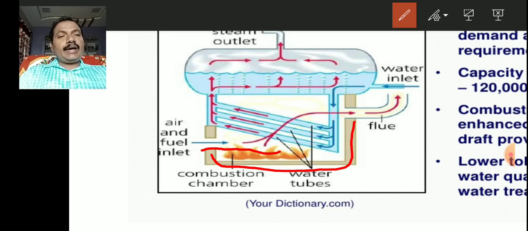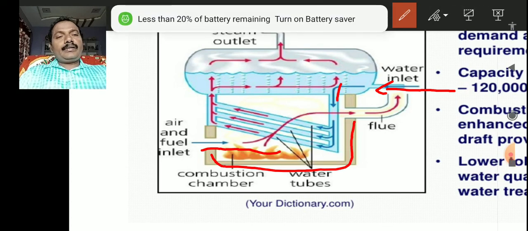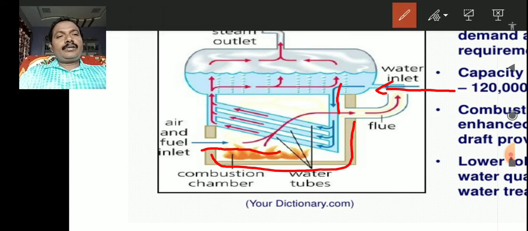So observe here, the feed water is coming like this. So the feed water is coming into the boiler drum, and in the boiler drum the water is being circulated like this. You see, the water is circulating through the pipes into the drum like this. This is a continuous process.